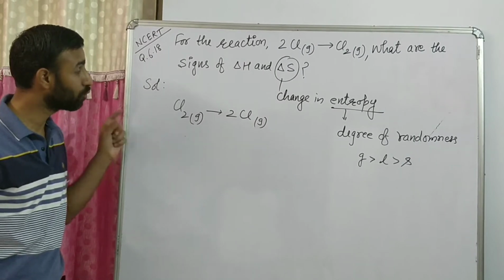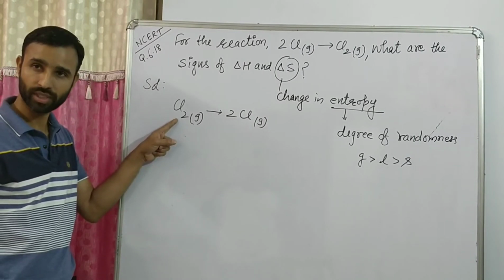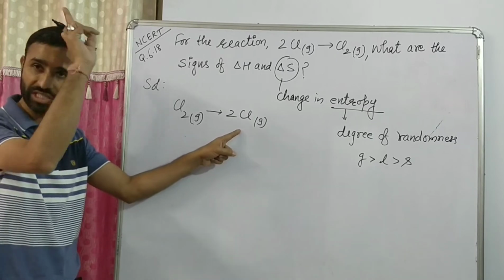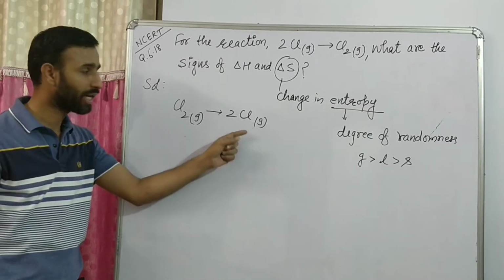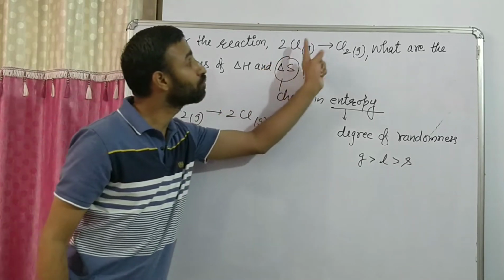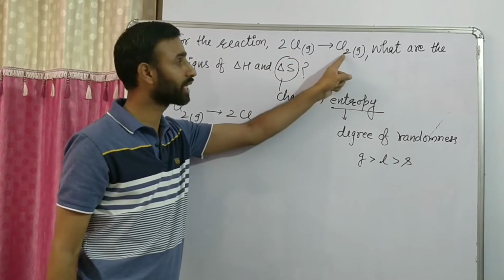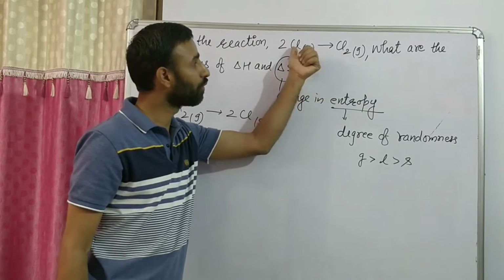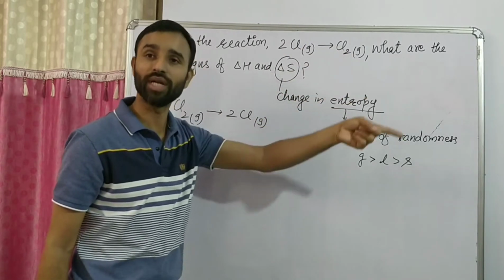Amount of energy required to break one mole of bonds into gaseous atoms. We have already discussed it. Bond enthalpy, and that is always positive. Energy is absorbed. Now here bond is formed actually. In this particular reaction, bond is formed, so formation of bond leads to release of energy.